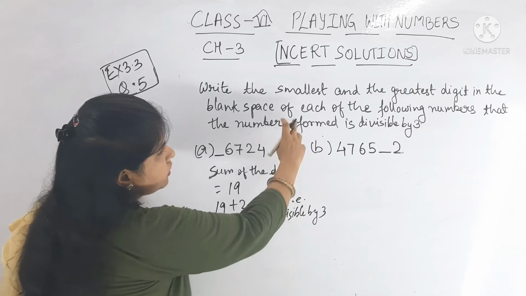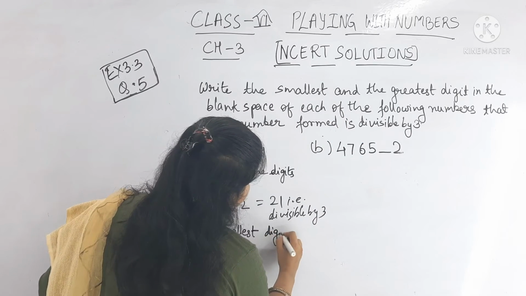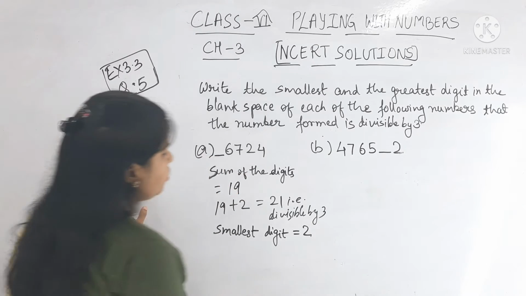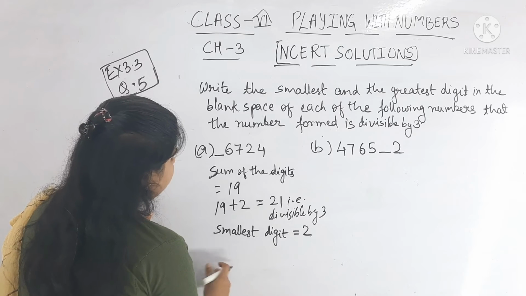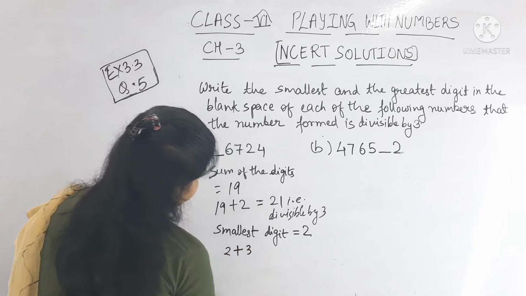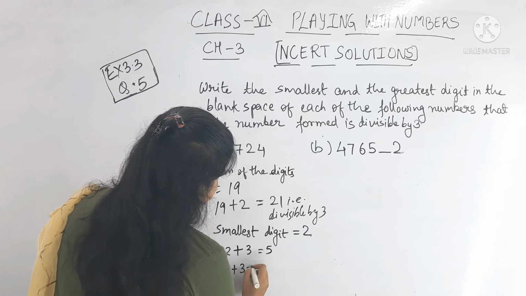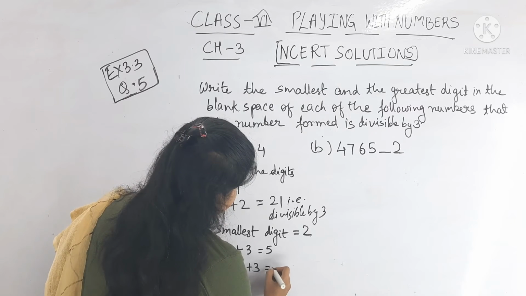We have to find two numbers, one is smallest and second is greatest. So the smallest digit filled by the blank is equal to 2. Okay, so now for the greatest digit, 2 plus 3, that is 5, 2 plus 3 plus 3, 8.